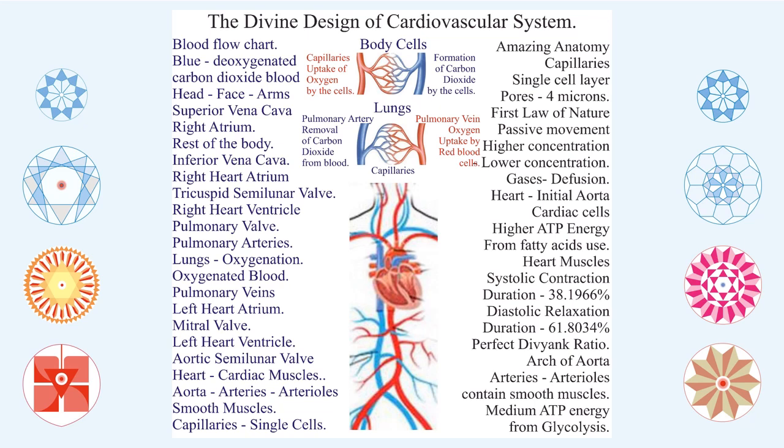But the very moment there is a block and cells start using glucose, that's the time lactic acid or pyruvate starts accumulating, and that causes heart problems, and then we go into a lot of problems. From this angle, if the structure of the heart, arteries and arterioles, and how the circulation goes is understood very clearly, you'll have no problem whatsoever in understanding the functions of the heart.